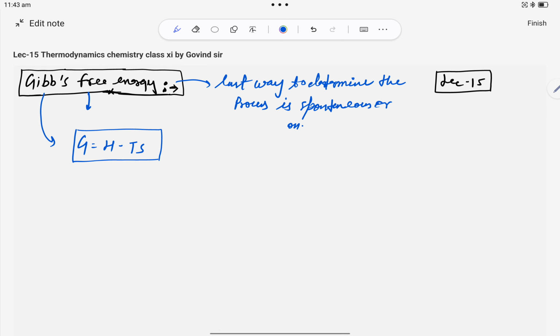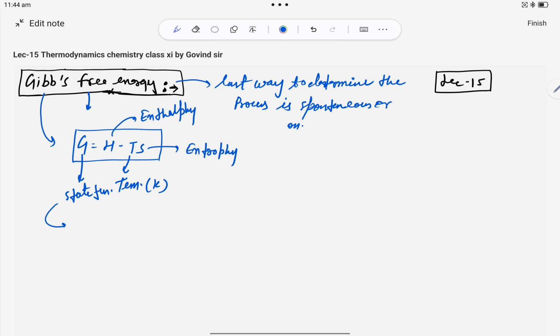Here H is enthalpy, T is temperature in Kelvin, and S is entropy. So G, Gibbs free energy, is a state function, so we cannot calculate it. We can calculate delta G, G final minus G initial.